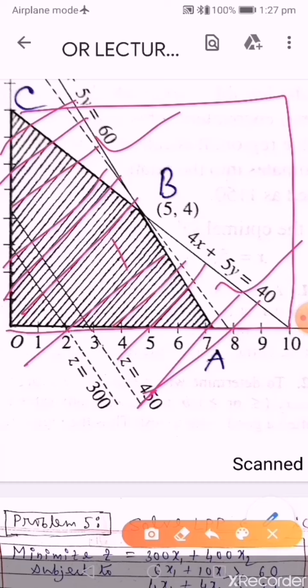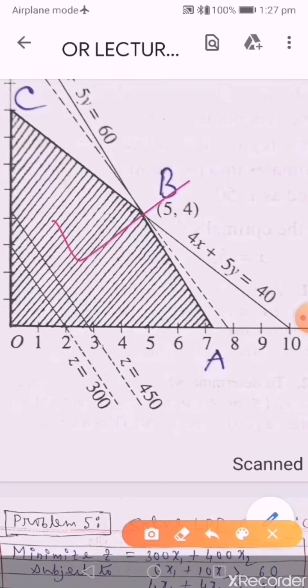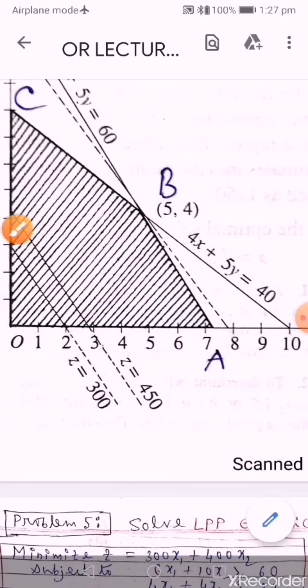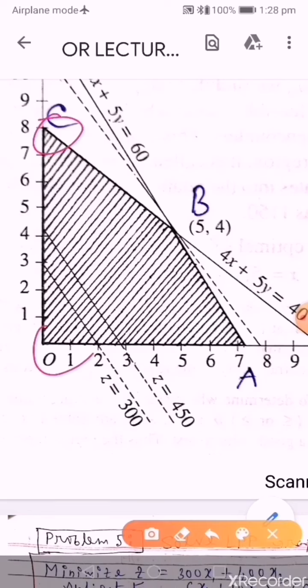So if we consider all the inequations together, the common portion it will cover is only this one, which is shaded in this way here. This region is called feasible region or feasible space. A, B, C, O, A. This is our feasible region or feasible space.